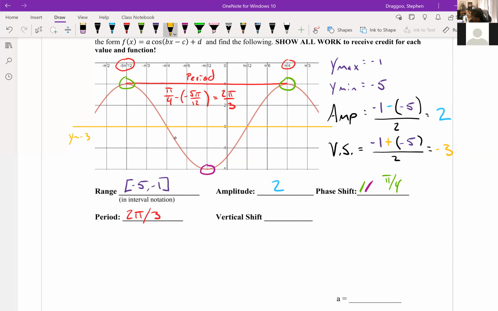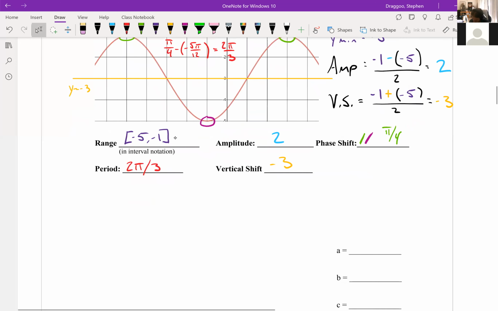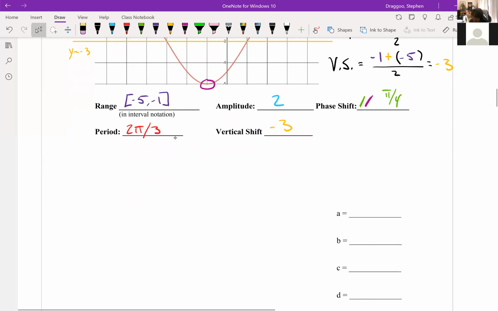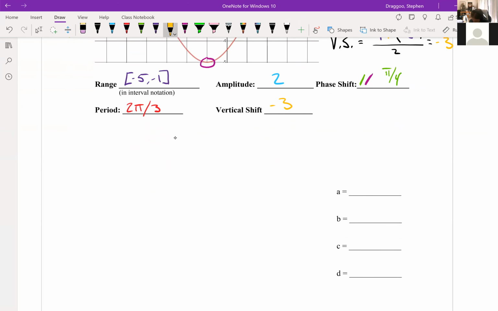All right. So that means that once we know what the vertical shift is, we can also fill that in on our chart. -3 right here for the vertical shift. And we'll start applying that down here. So the vertical shift we already know is -3.